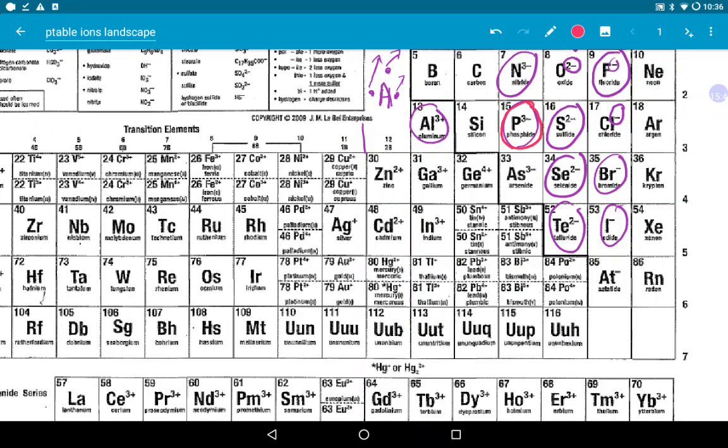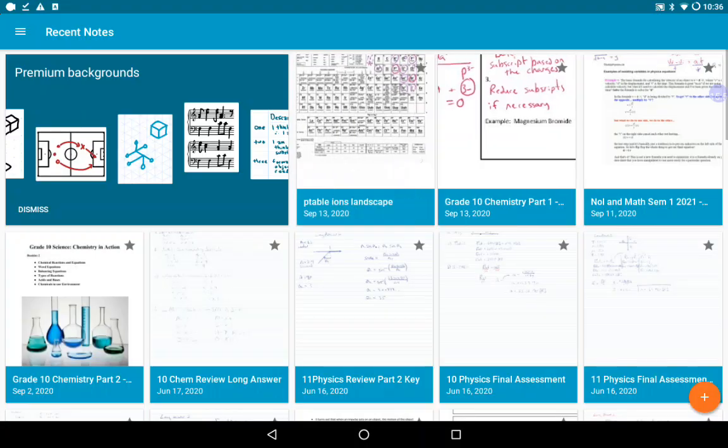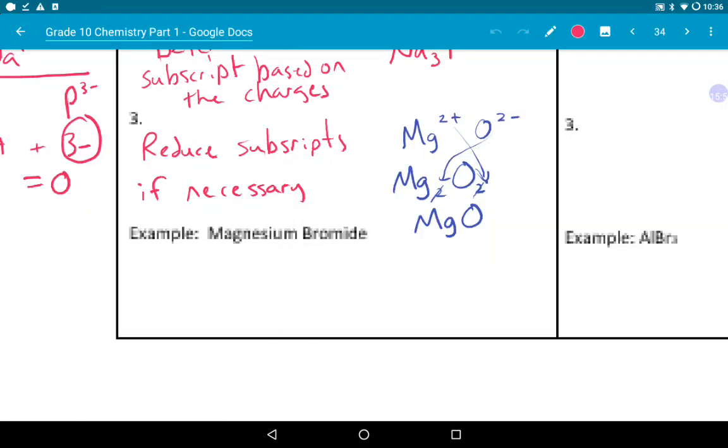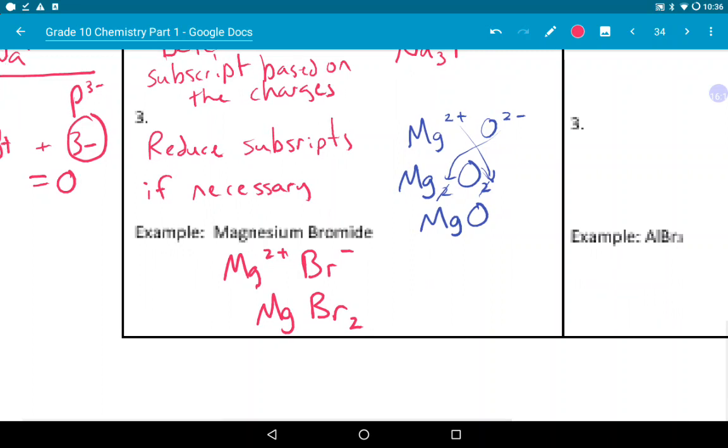And then bromine becomes bromide, and that's 1 minus. So let's go back, so magnesium is 2 plus, bromine is 1 minus. So we write those symbols out, and the 2 goes here, and 1 on the magnesium.